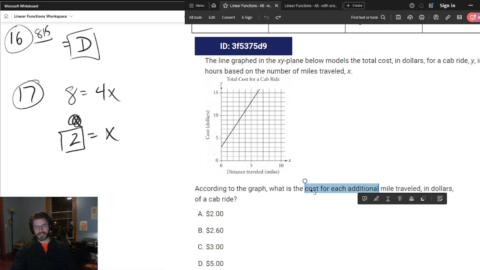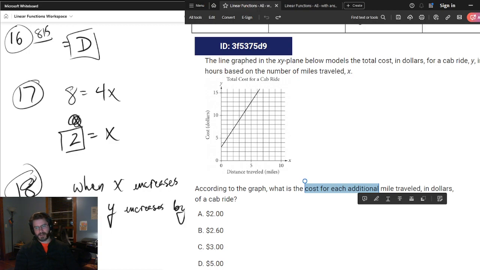When x increases by 1, so 18, a phrase to remember, a definition: when x increases by 1, y increases by m.